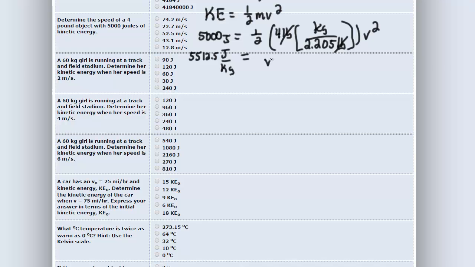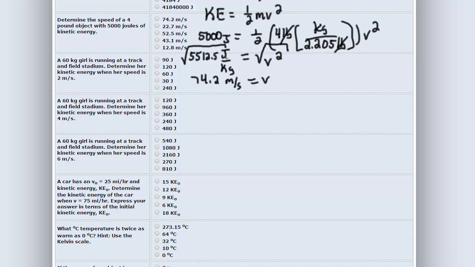And that is equal to our speed squared. So now we take the square root, and the square root of 5512.5 is 74.2. And the units of speed are meters per second. So when we take the square root of both sides, the square root of v squared is v.